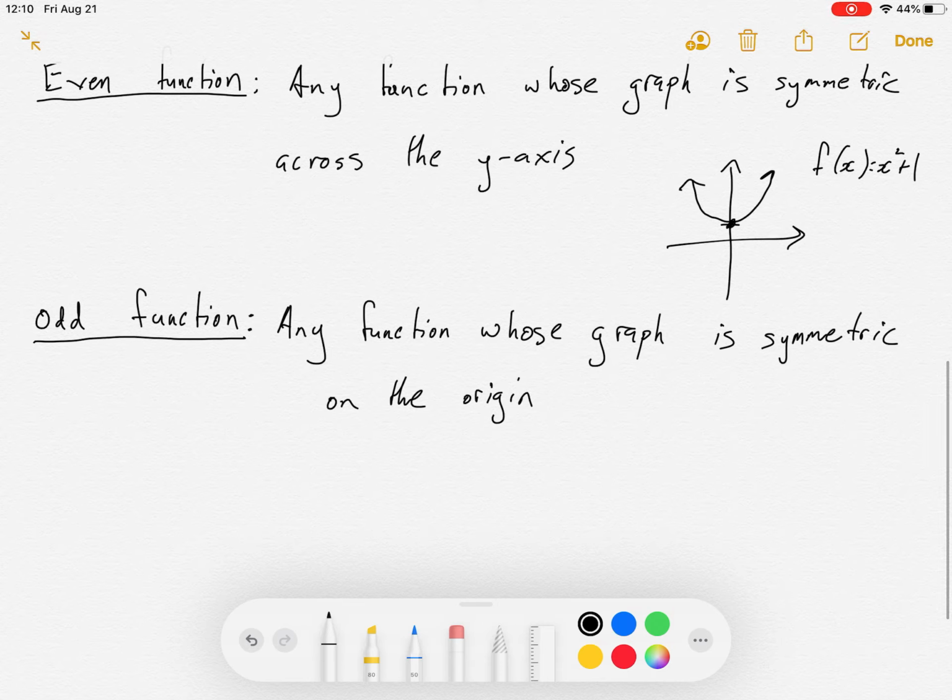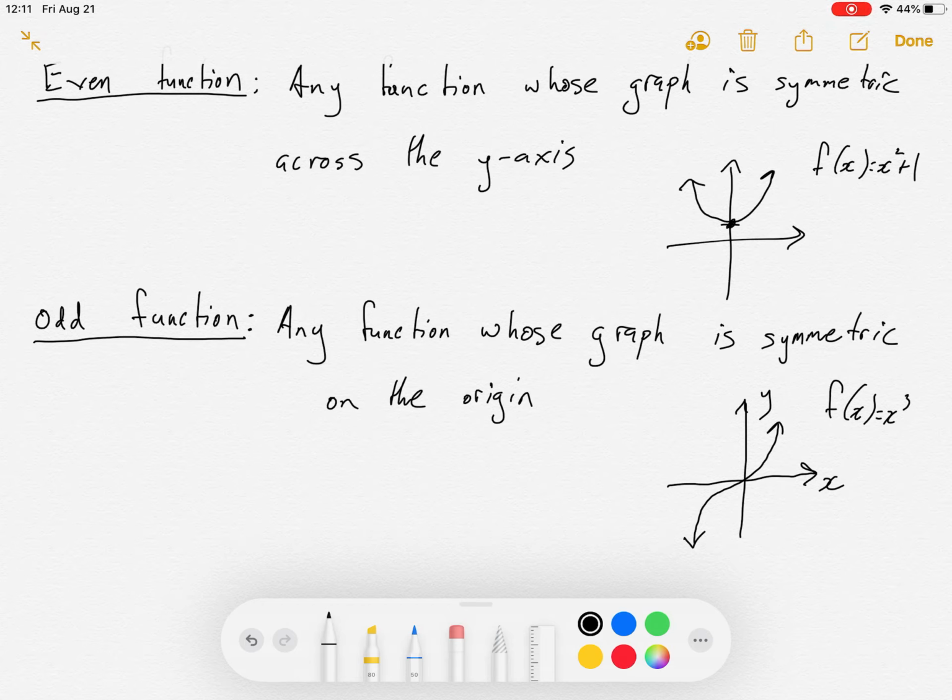So for example, the one we just graphed was f of x equals x cubed. So this would be an example of an odd function. Okay, so graphically, not too bad. It looks a lot like what we did in section 1.2. We have y-axis symmetry and origin symmetry.